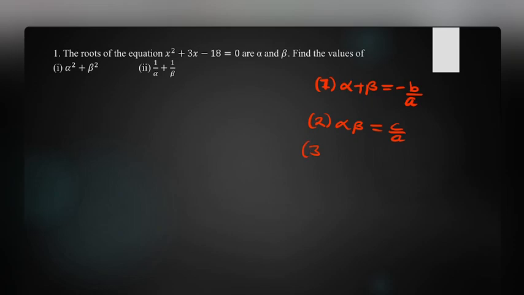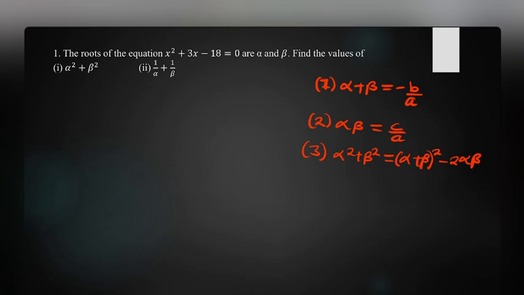The third property is alpha squared plus beta squared, which is equal to (alpha plus beta) squared minus 2 alpha beta. So these are the three common properties that you need to know.